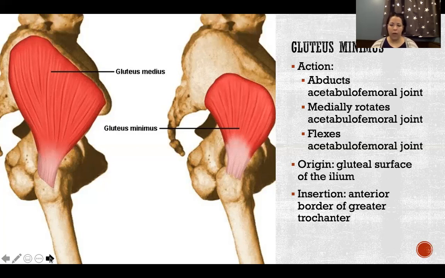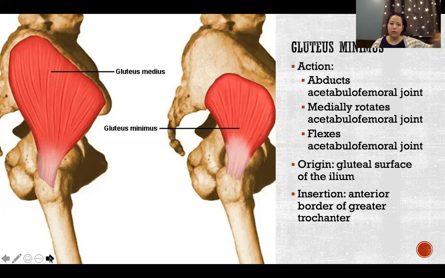Both parts will abduct, and then the anterior portion will also medially rotate and flex, and also horizontally adduct, which again, I didn't include on this list, but it also performs that action. So gluteus medius and minimus are all the way on the lateral caps of the hips and do everything that deltoid does, except minimus doesn't have the posterior fibers or the posterior actions.